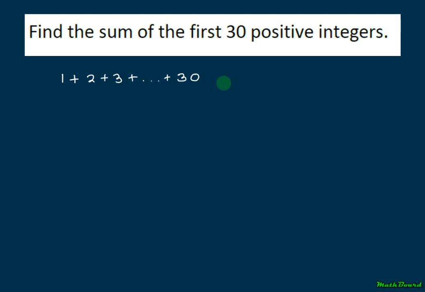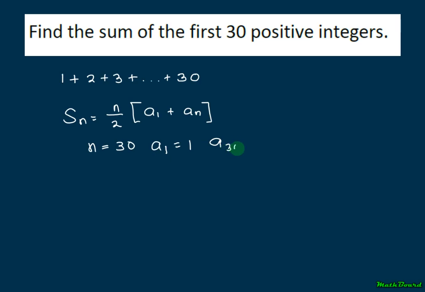Since this is an arithmetic series, because there is a common difference of 1, and we can identify the first and the last term, we can use the formula S of n is equal to n over 2 times the first term plus the last term, which is a sub 30. So take note that n is equal to 30, the first term is equal to 1, and the a sub n or a sub 30 is equal to 30.